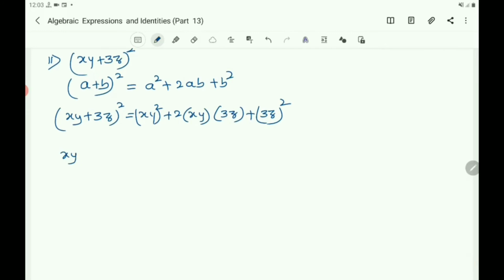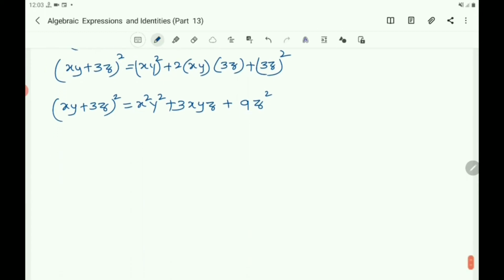Then xy whole square is x square y square, plus 2 3s are 6, x into y into z is xyz, right? 2xy into 3z is 6xyz. Now 3z whole square is 3z into 3z, that is 9z square.